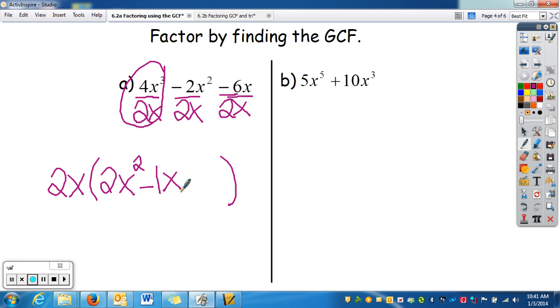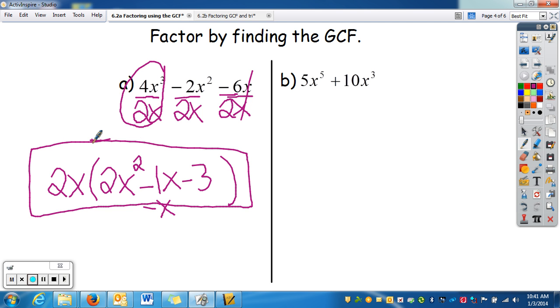Or you could have written this as negative x. And then negative 6 divided by 2 is negative 3. And my x's simplify out. So this is factored. Again, when I multiply this out, I would get the top. We are just reversing.